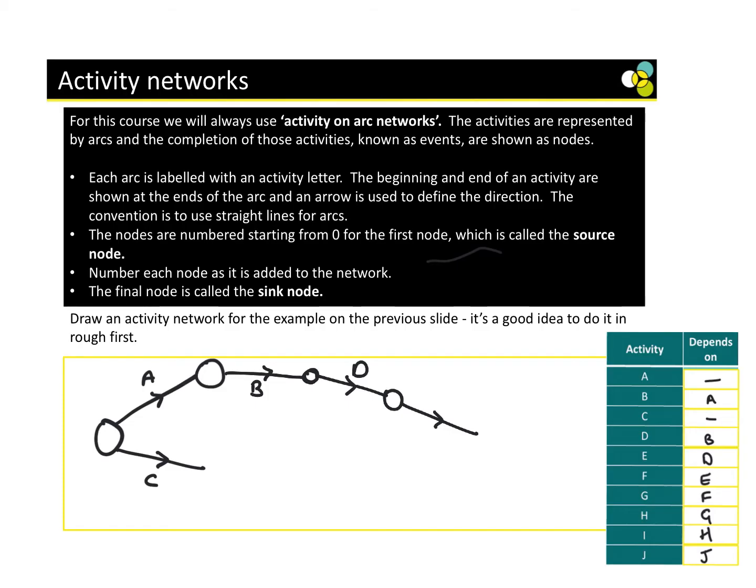Yeah, just honestly, forget everything you know, remember that. Okay, what does E depend on? Yeah, I've done that, so what's next? F. Now you can see this is a really easy one. And then? G. H.